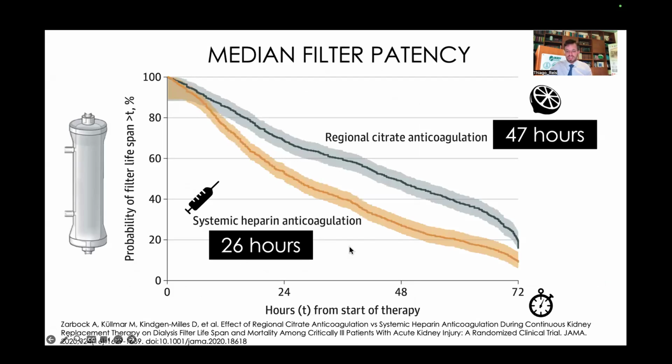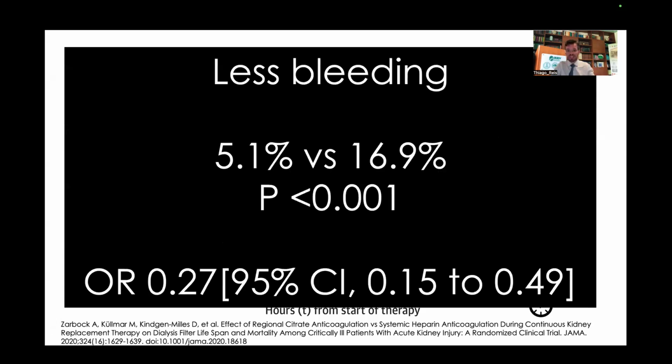There is robust evidence on that. So in this trial, patients were randomized to receive heparin or citrate as the anticoagulation strategy. And concerning filter lifespan, mean filter lifespan with citrate was 47 hours, whereas with heparin was only 26 hours. So citrate is more effective and safer.